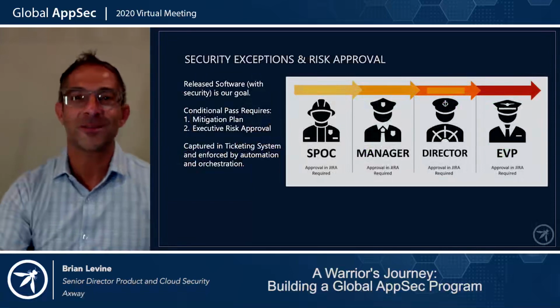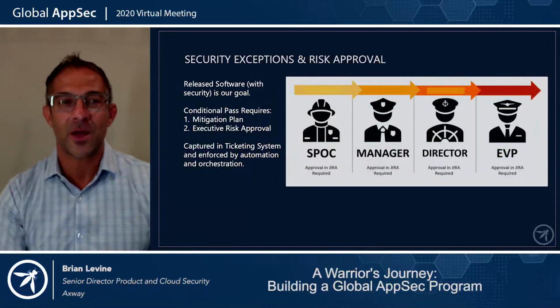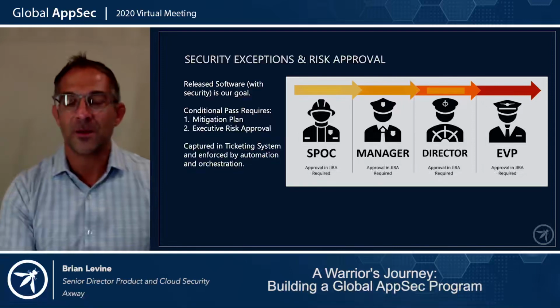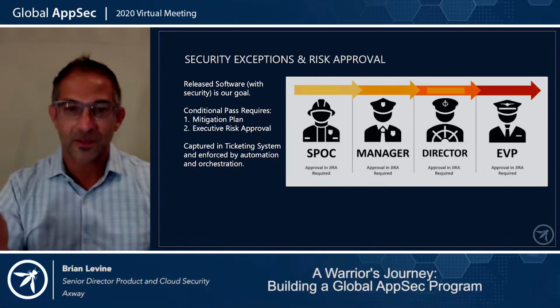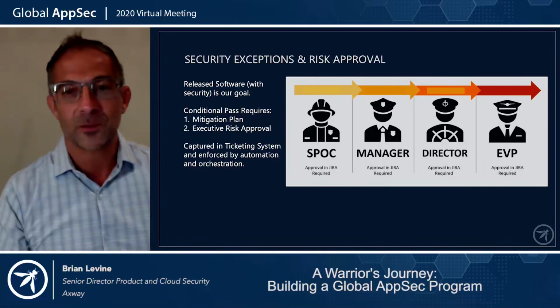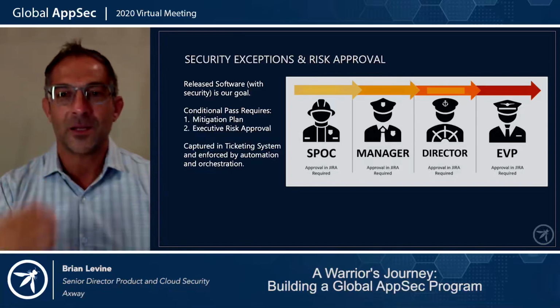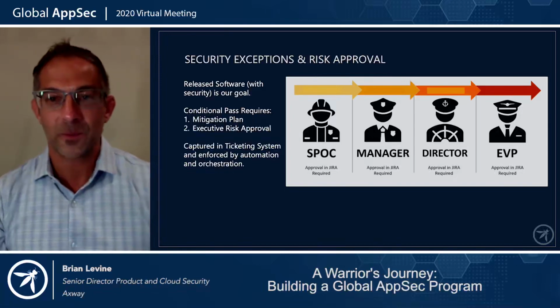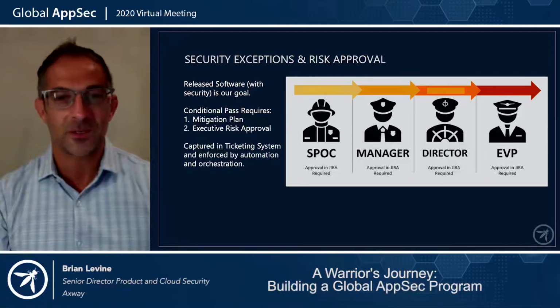So the next point related to governance is around accountability. We talked about the SDLC process and how the product and engineering projects have to achieve a pass in the security bar to move forward. We touched on what happens if a product doesn't meet the security gate, and that's what we're talking about here.